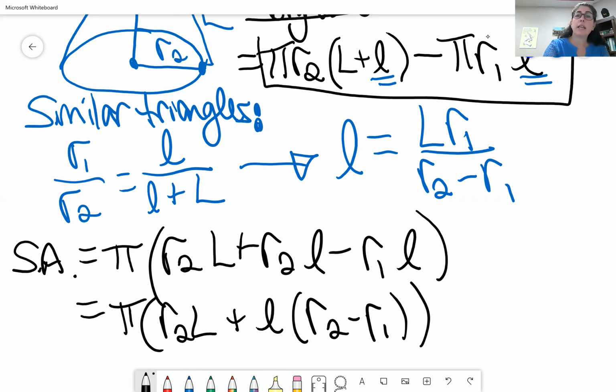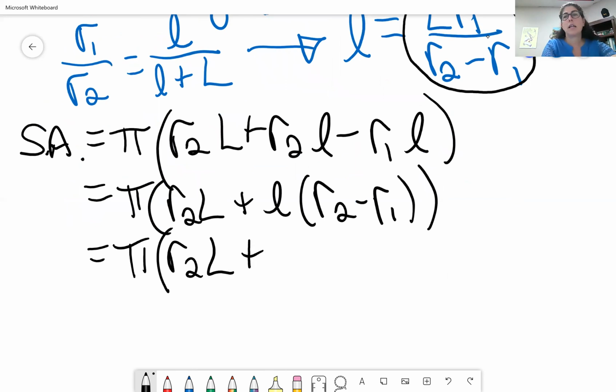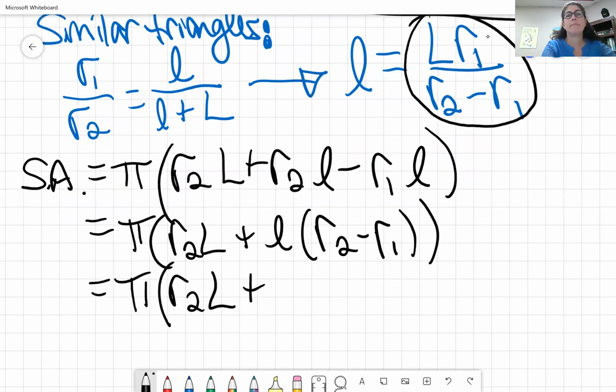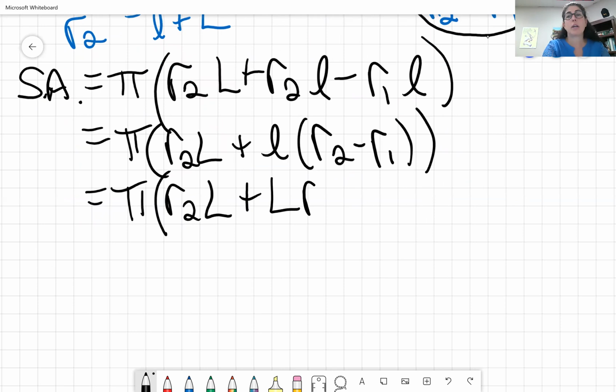Now we're going to take this expression and sub that in for the lowercase l. We get pi R2 L plus L R1 over R2 minus R1 times R2 minus R1.